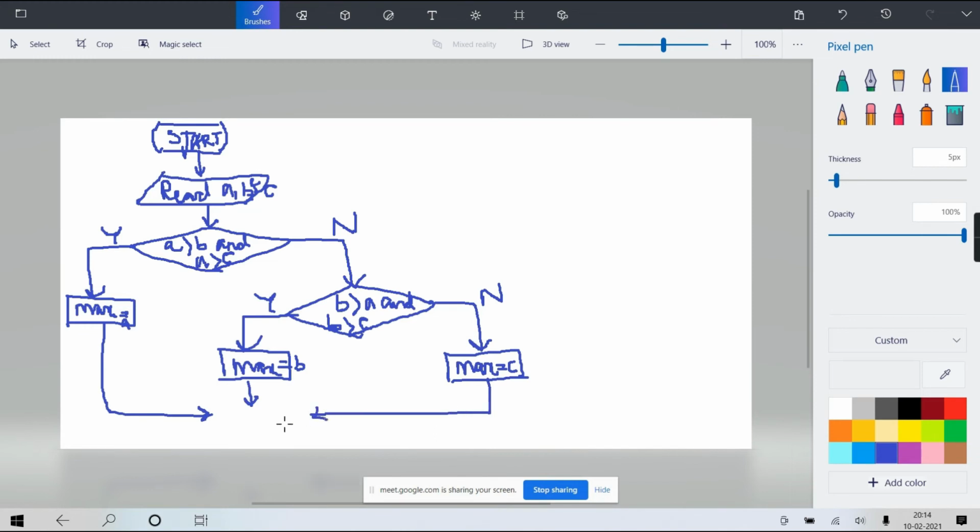But see to it, the lines which I use, all from up to down or left to right or right to left, or down to up. Now inside this, what we have to do? Print max. Okay, and then you know your stop will be there. Now understand, below this there is a stop symbol. Okay, so is it clear to you? Have you understood this part?